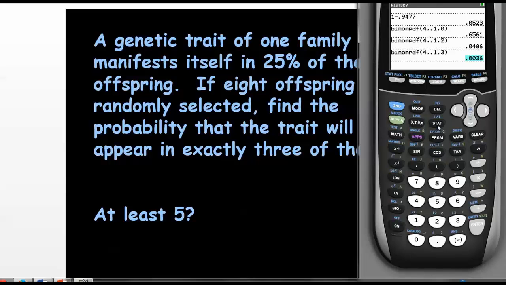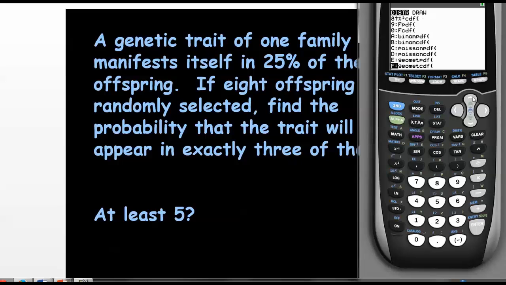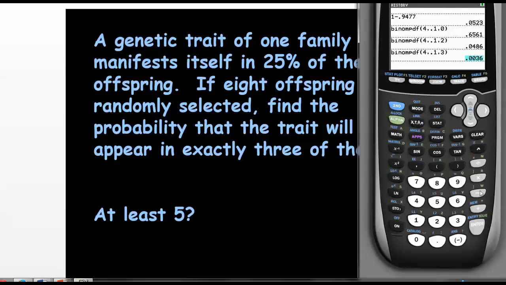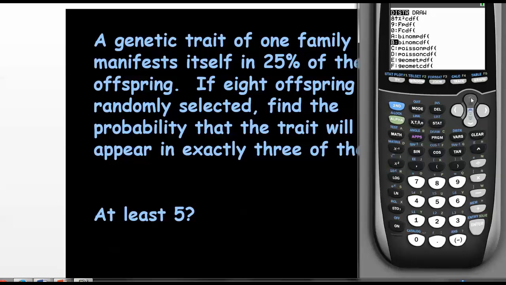So we're going to go to our distribution menu, and we're going to look for binomial PDF. And wow, I got all sorts of things. Let me clear this out here. Try that again. Okay, so for PDF, we have 8 trials. The likelihood of success we're saying is 0.25.